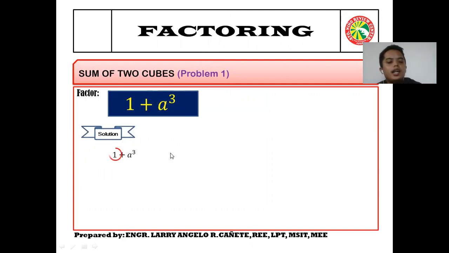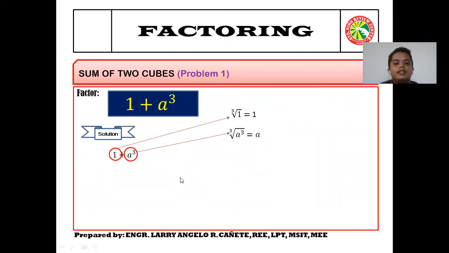What is the cube root of 1? That is 1. And what is the cube root of a cubed? That is a. So therefore, that is factorable because both terms can be cube rooted at the same time. The precedence here is positive or plus.